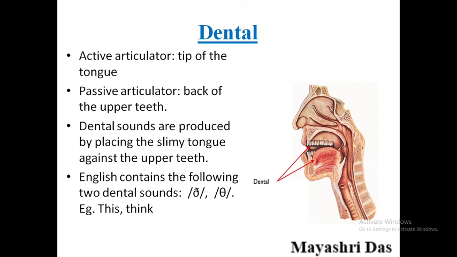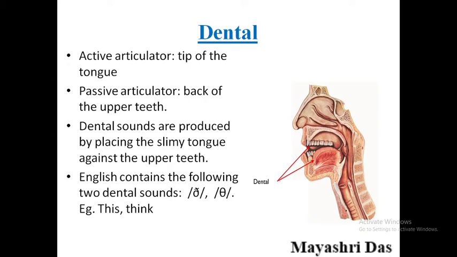Dental sounds are produced by placing the tongue against the upper teeth. Here, the active articulator of these sounds is the tip of the tongue, and the passive articulator is the back of the upper teeth.